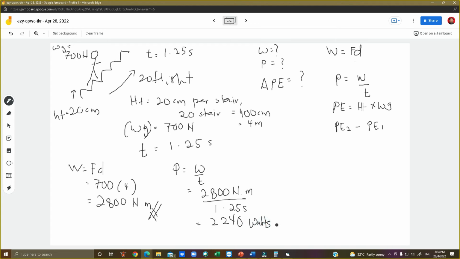Joule per second. Boleh? Pasal tadi kita ada joule, now kita ada second, so joule per second boleh. Watts pun boleh. Newton meter second pun boleh.